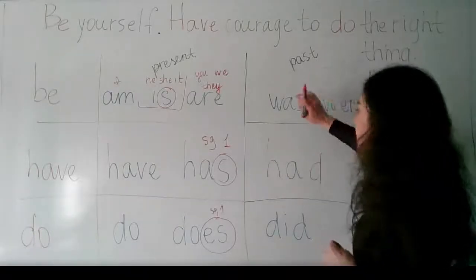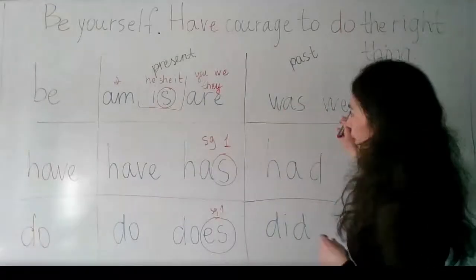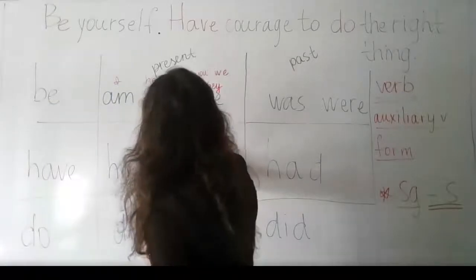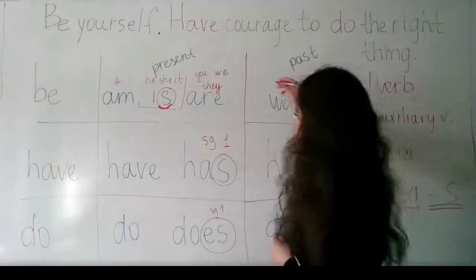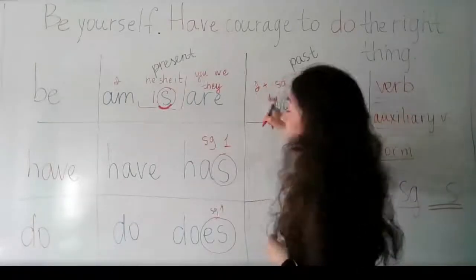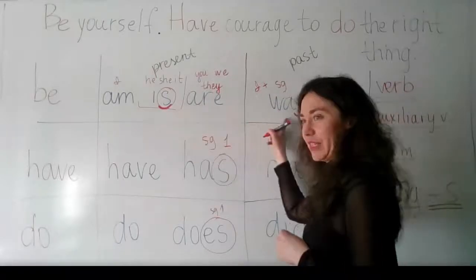In the past, only in this form be, we have two forms, was and were. And I want to tell you, it's easy to remember. Here you have s, and here you have s. But in this form, we add I as well. I was, he, she, it was. The same, easier to remember.